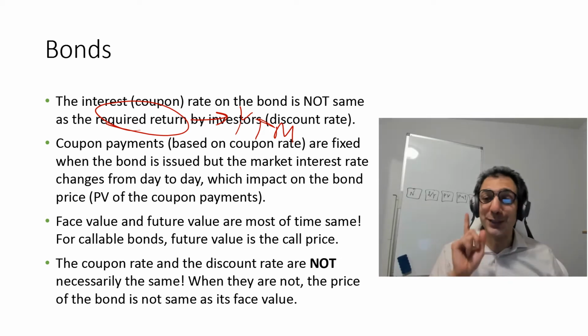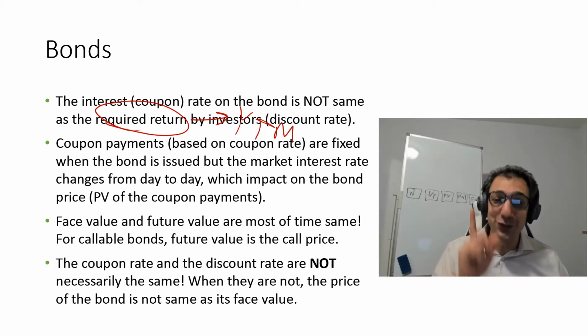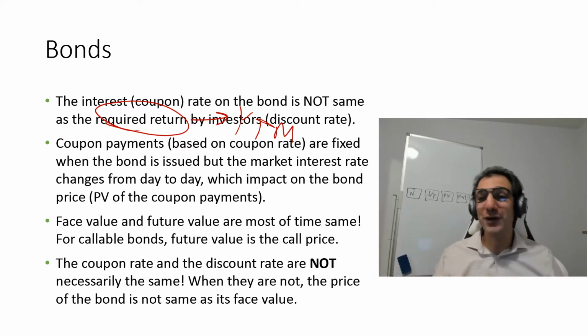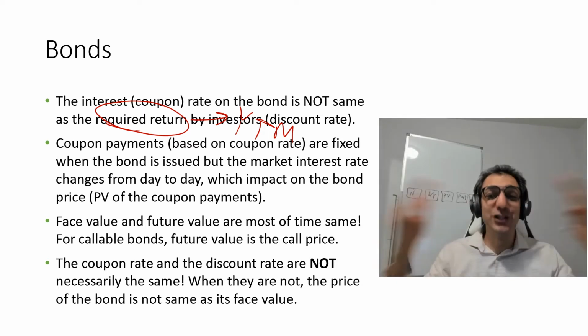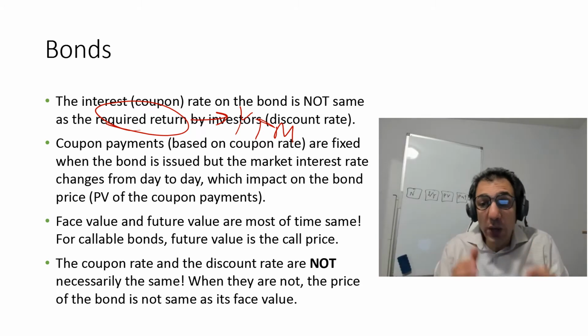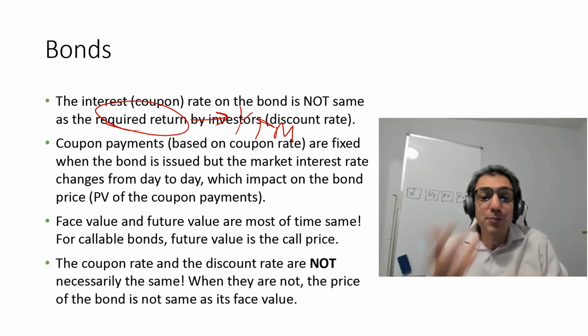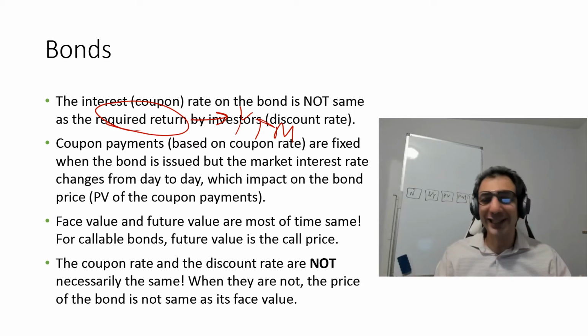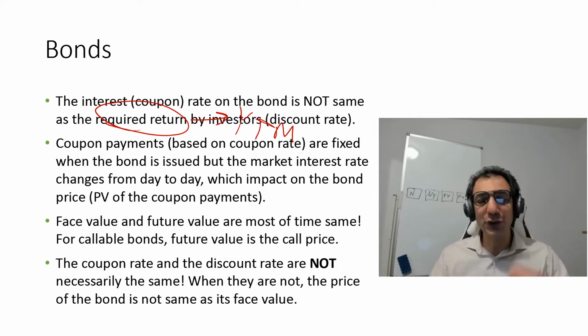However, your expected return, your interest rate, the YTM might change over the life of the bond. As the market is changing, as the inflation is changing, as the risk premiums are changing, the YTM and the discount rate will also change. And we know as the interest rate is changing, the bond price is changing, because we learned the bond price is based on the present value of all future cash flows.